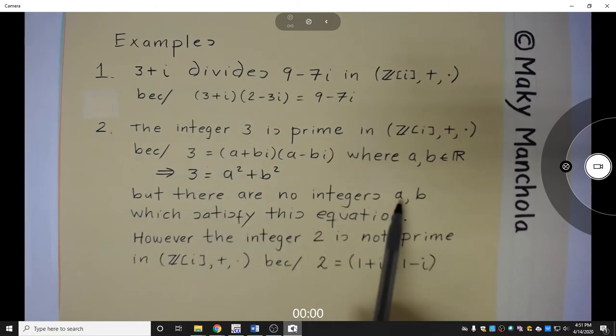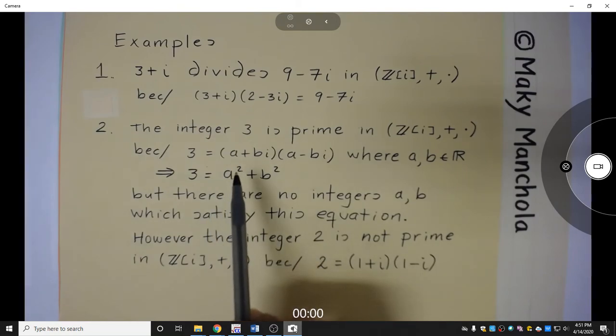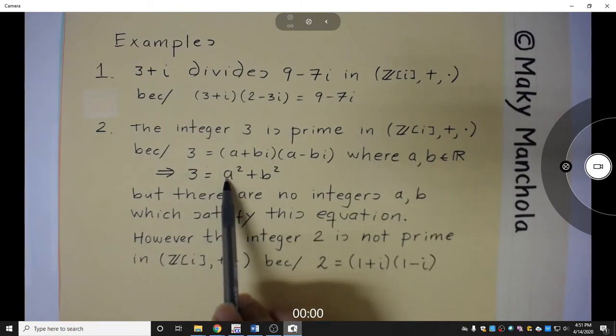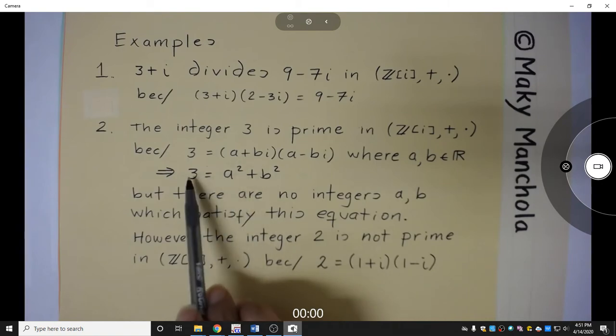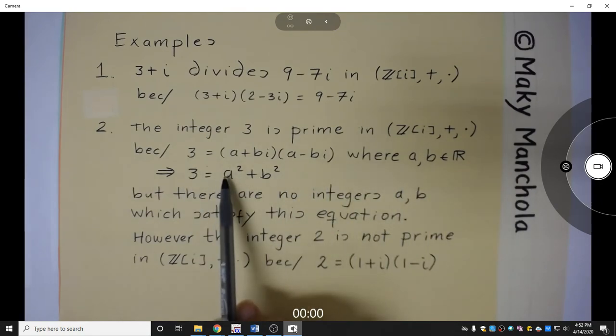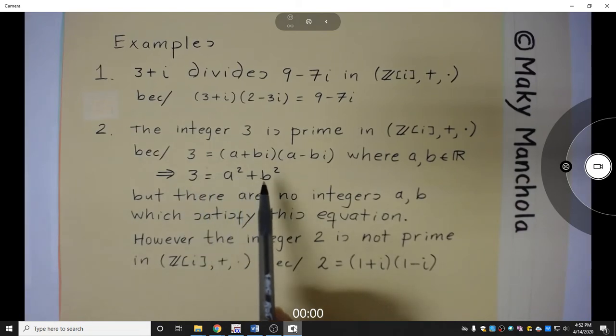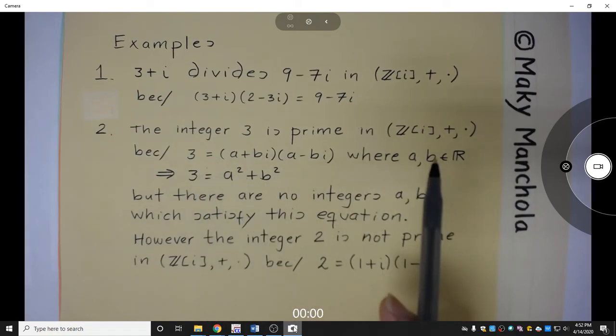There are no integers a, b which satisfy this equation. You can try and check. So if a were 0, then b squared would be 3, in which case b would be the square root of 3, which is not an integer. If a were 1, then b squared would be 2, which means b would have to be the square root of 2, which is not an integer.